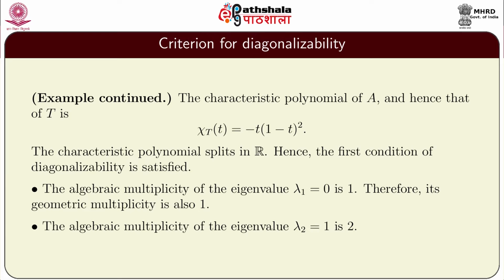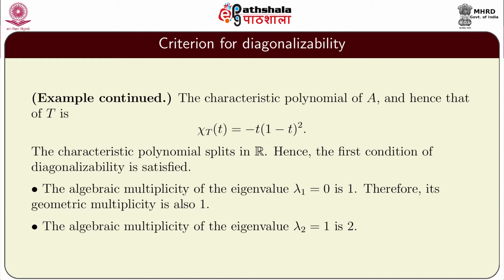Now, we have to see whether the same condition is satisfied for the other eigenvalue, that is 1. Here we see that the eigenvalue 1 is repeated. So, the algebraic multiplicity of the eigenvalue lambda 2 equal to 1 is 2. Therefore, what are the possibilities for the geometric multiplicity?